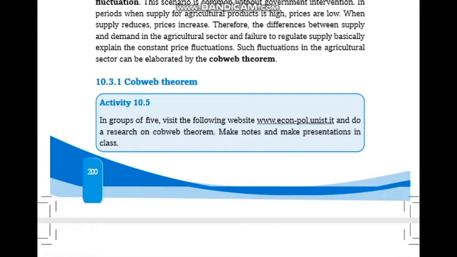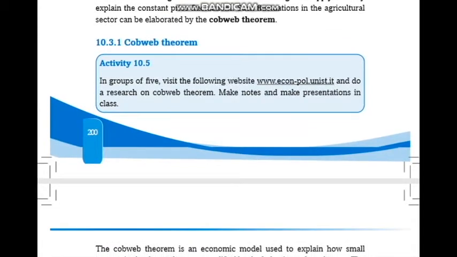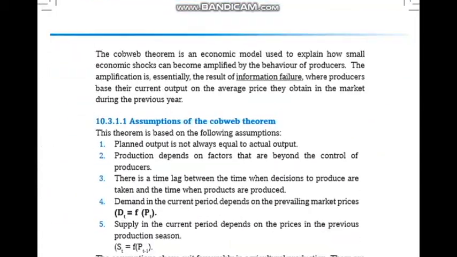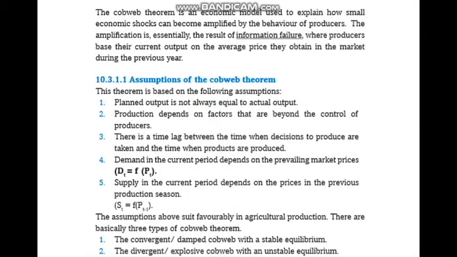What is the Cobweb Theorem now? The Cobweb Theorem is an economic model used to explain how small economic shocks can become amplified by the behavior of producers. Are you understanding?